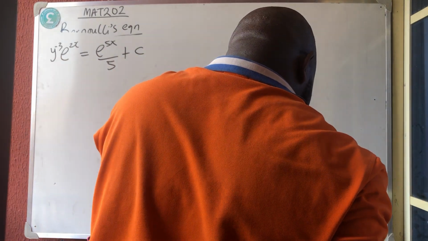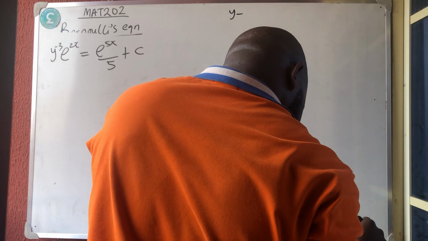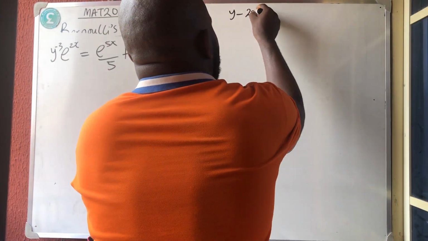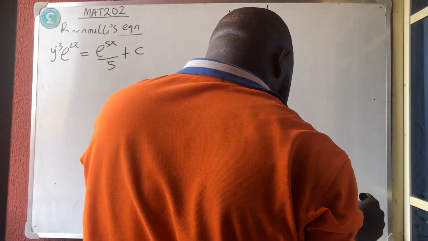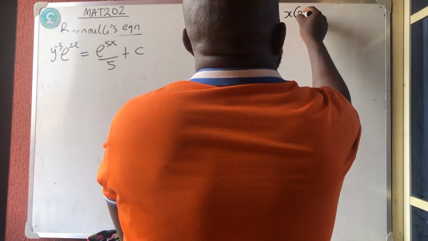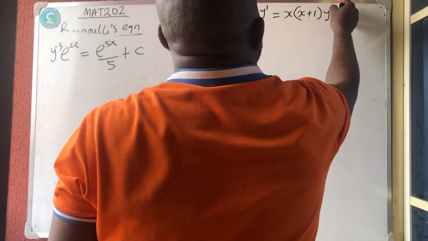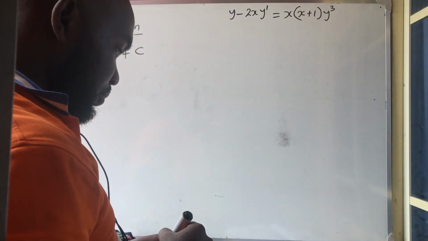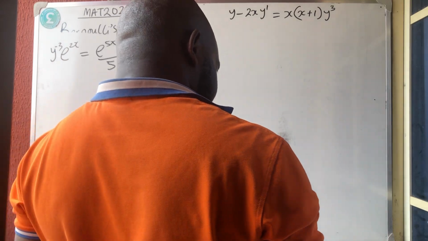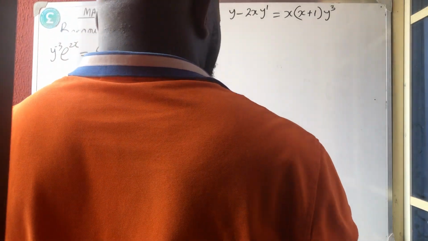So the last question for this is y minus 2xy prime is equal to x bracket x plus 1 y raised to power 3. Okay? So how do we approach this?